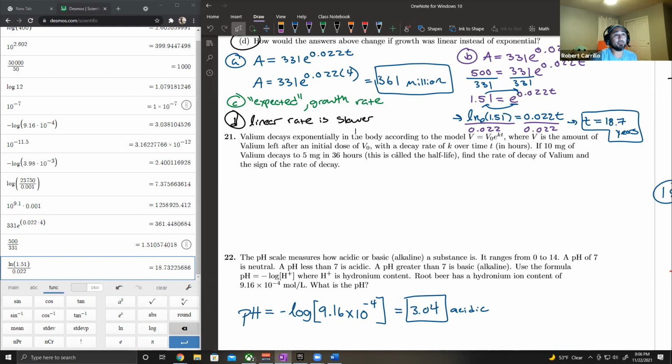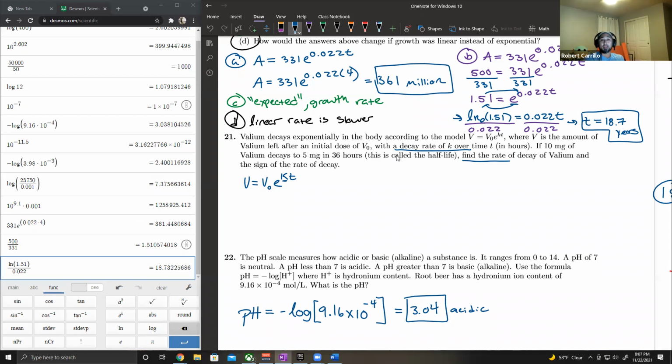Okay, so for this problem, I'm going to rewrite the problem here. V equals V initial times e to the kt. We are going to be solving for k because we are asked to find the rate. In order to get k down, we of course have to convert from exponential to logarithm. And in this case, it's exponential to natural log since it's the base of e.